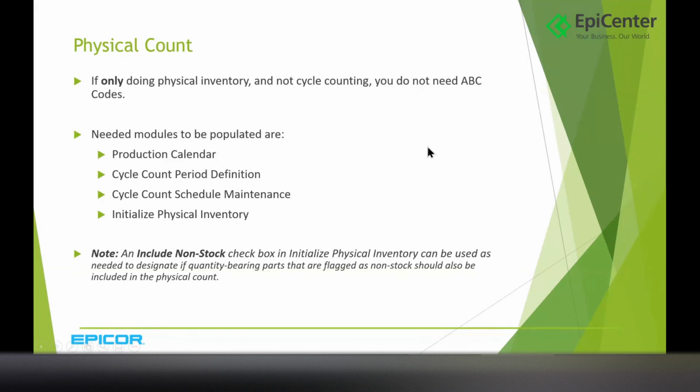And you need to have your full physical done before you can do any cycle counting. Again, all you need is the production calendar, the cycle count period, the cycle count schedule, and then the physical inventory. You can include non-stock if it's quantity bearing and non-stock.